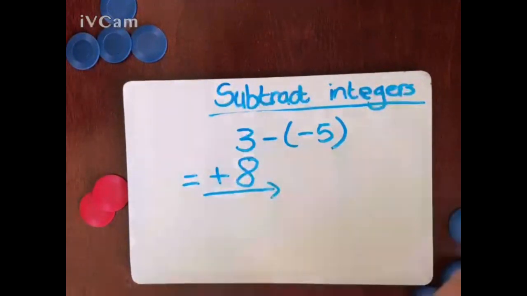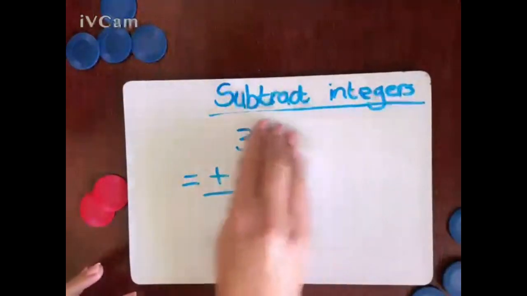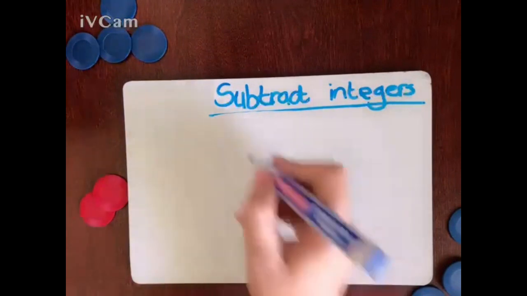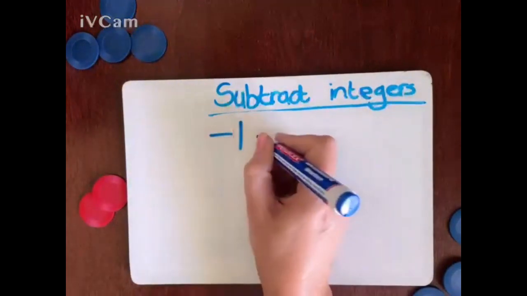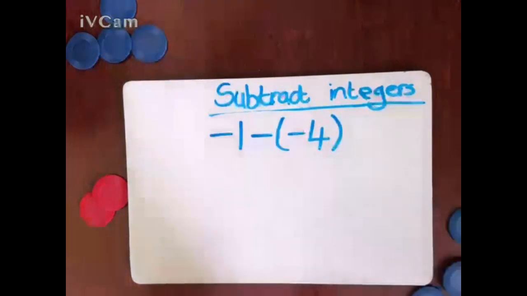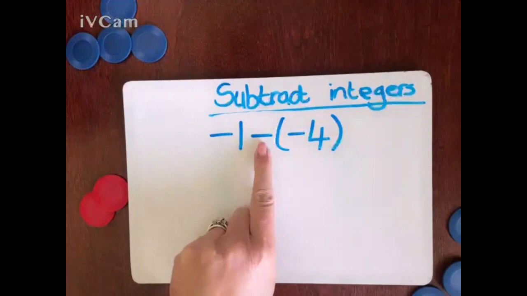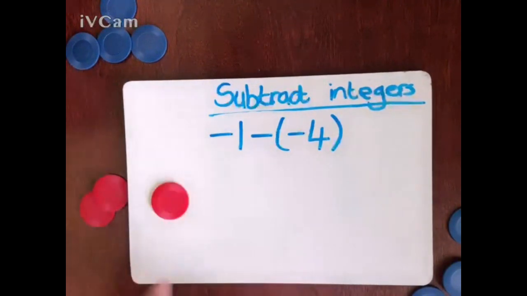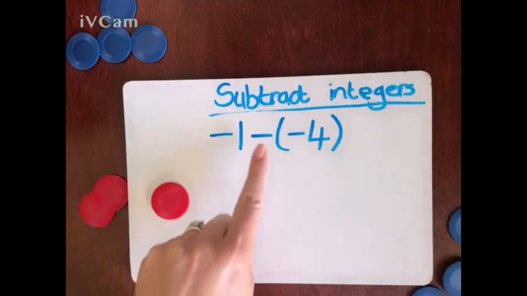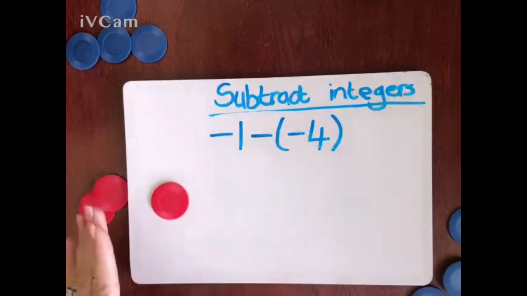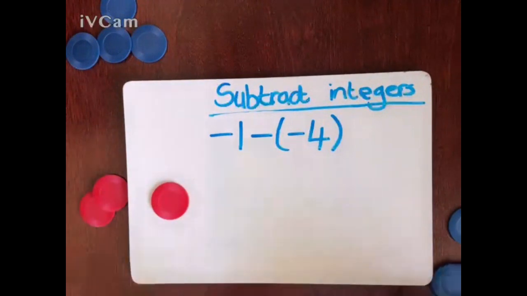Right, let's do another similar one to this. Let's take away or subtract a negative integer. So let's do this one. -1 minus or take away -4. So let's model this. I want to take away. So I start with -1. Now I need to take away 4 negatives, but I do not have 4. No problem.